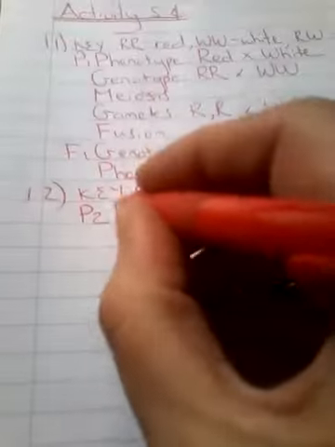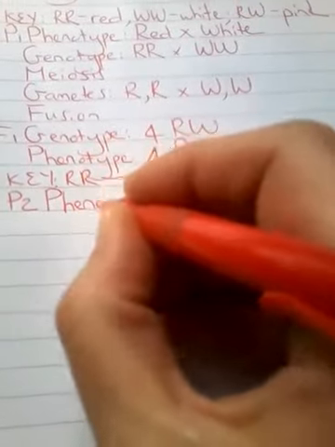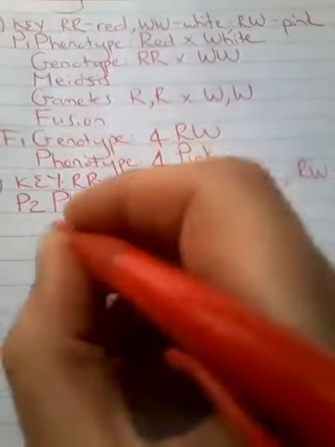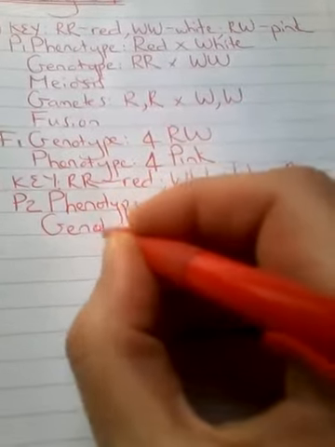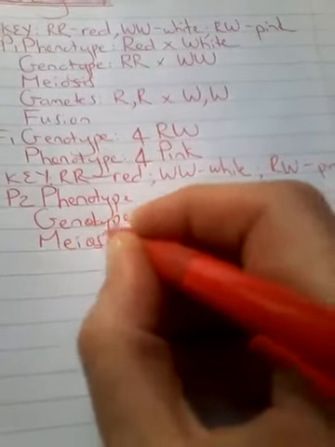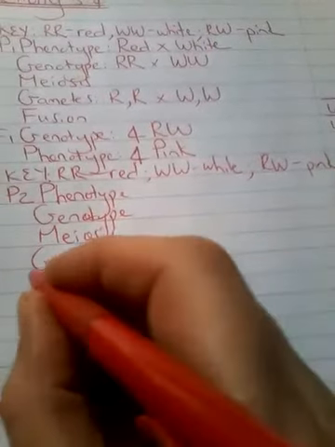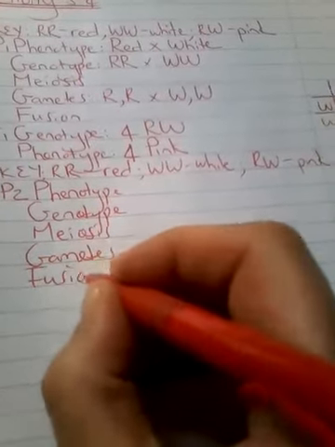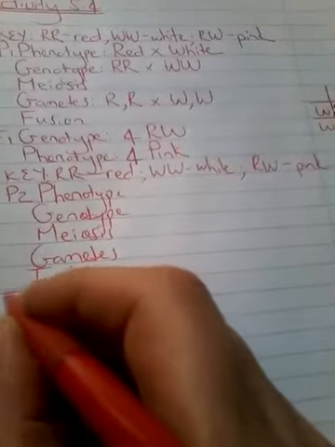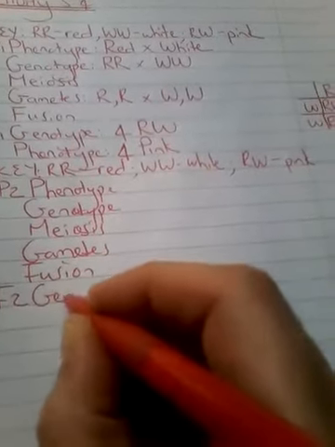So it's P2, P for phenotype, G, M for meiosis, gametes, fusion, and then it's the second filial generation.